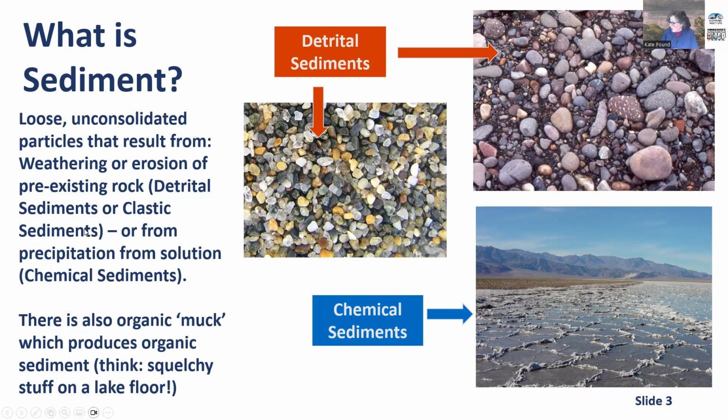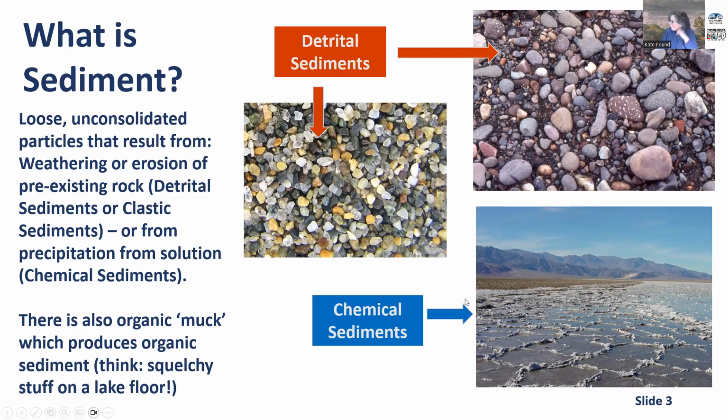Yes, geologists have a whole bunch of terminology. Sediment can also be derived from precipitation from solution. So if you have salty water, for example, and that dries up, we get chemical sediments.